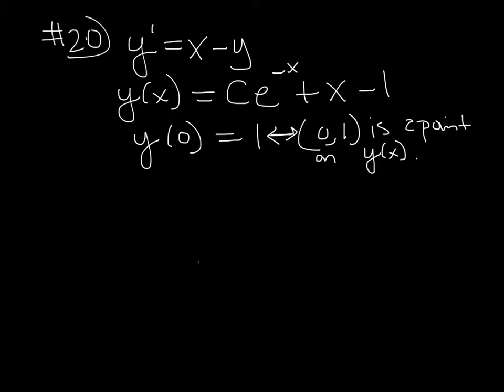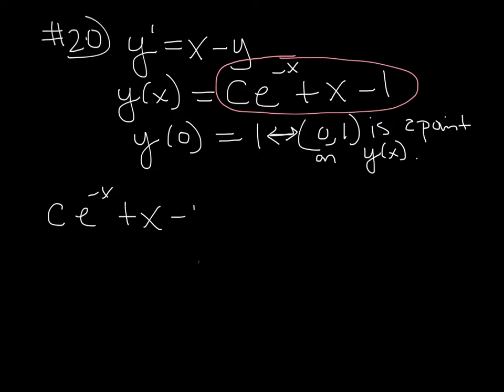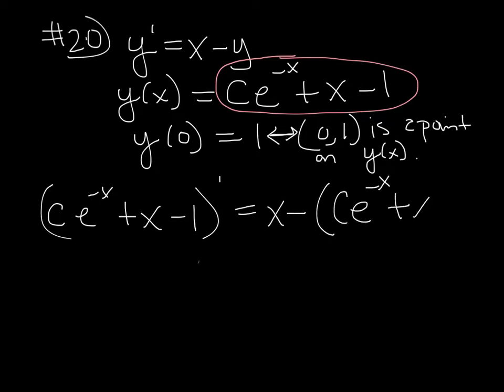So if we quickly verify that, we are substituting this function. We have y equals c e to the negative x plus x minus 1, and we're differentiating each term.